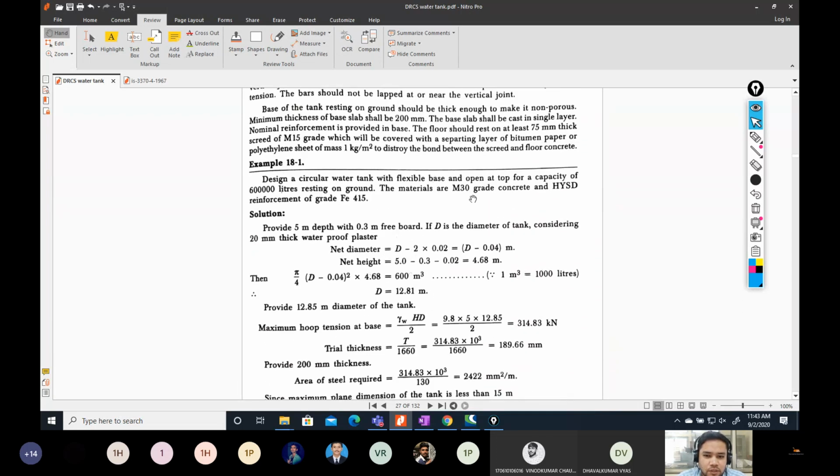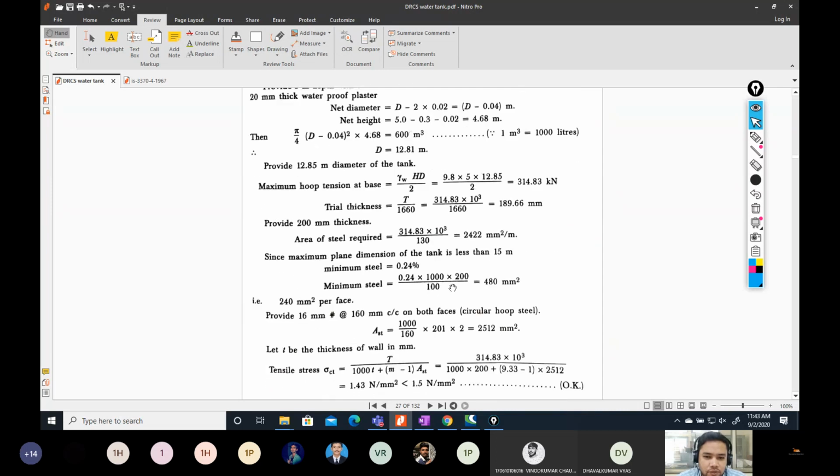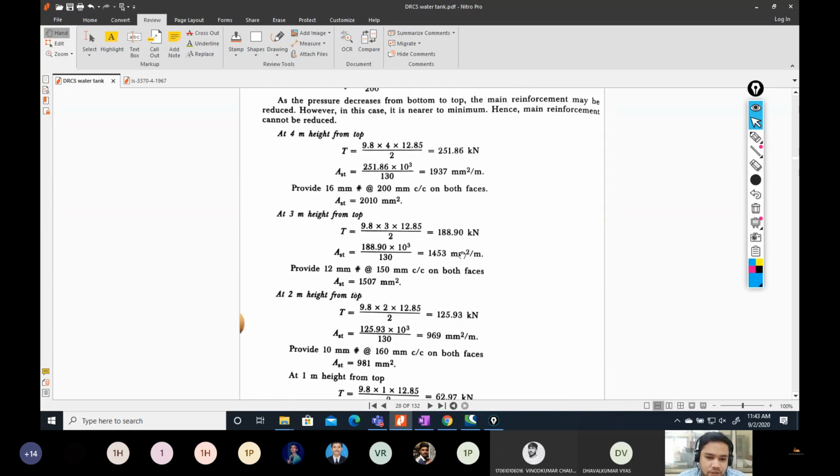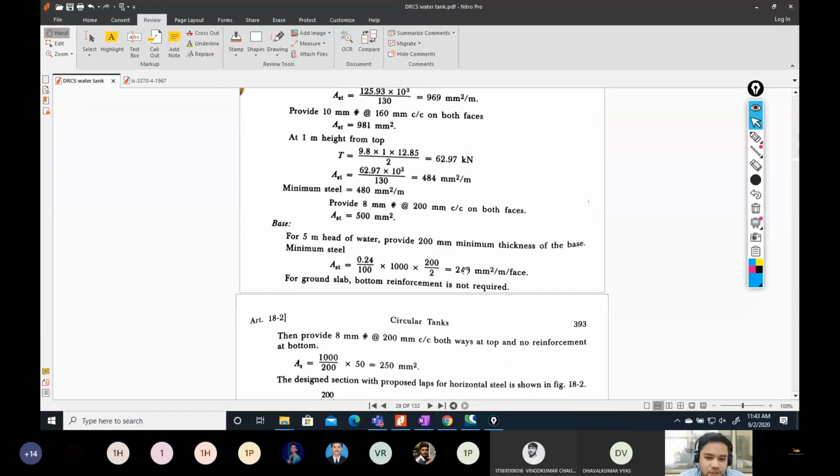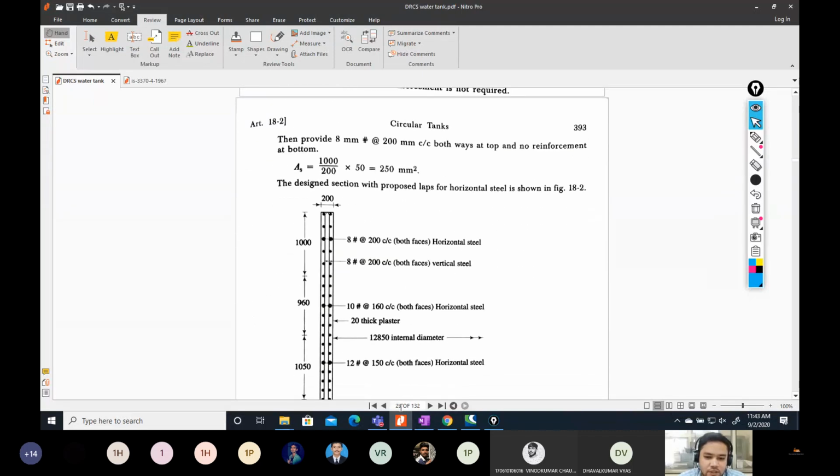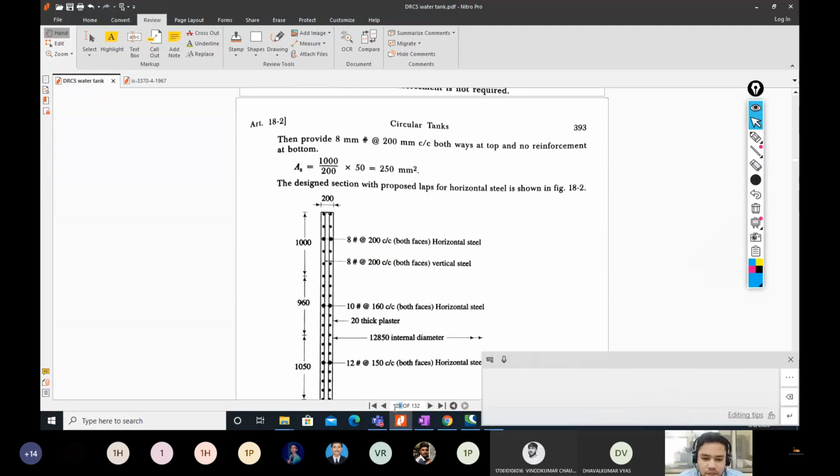So this was the example, and it was with flexible base. Now we'll be solving the same example with rigid base, fixed at the bottom and free at the top.